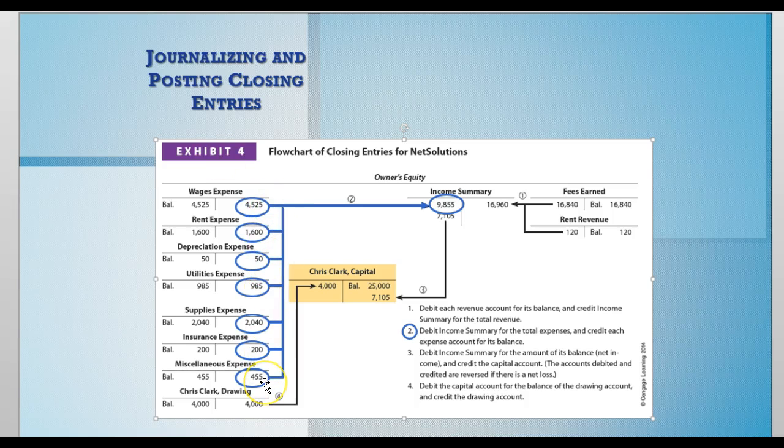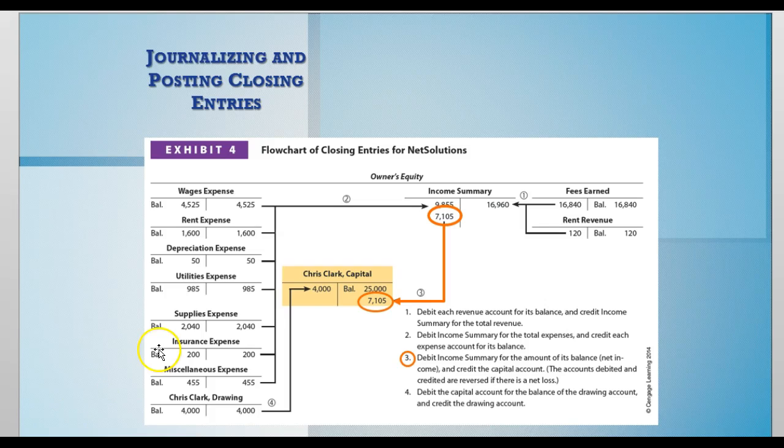All the expense accounts, and we're going to debit the income summary. Now, what is the result of that? If I net those two, I come up with the net income we came up with on the worksheet.